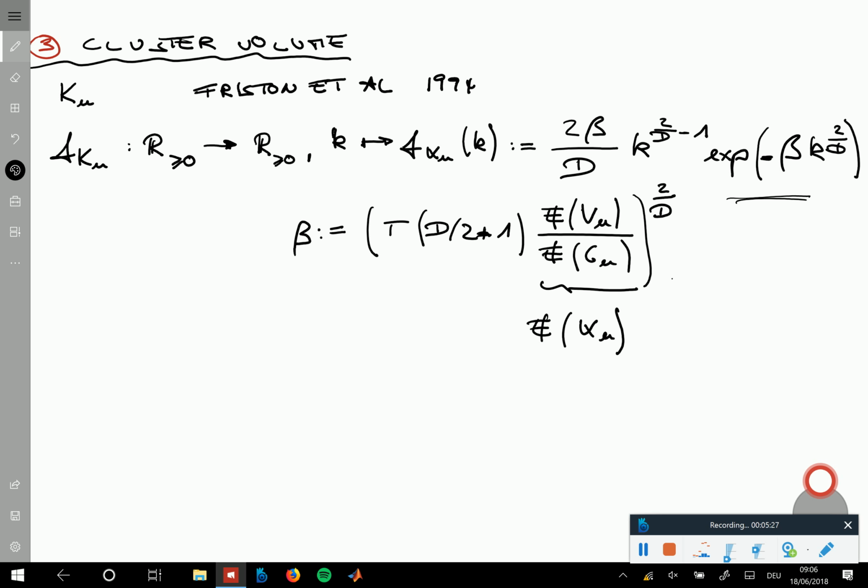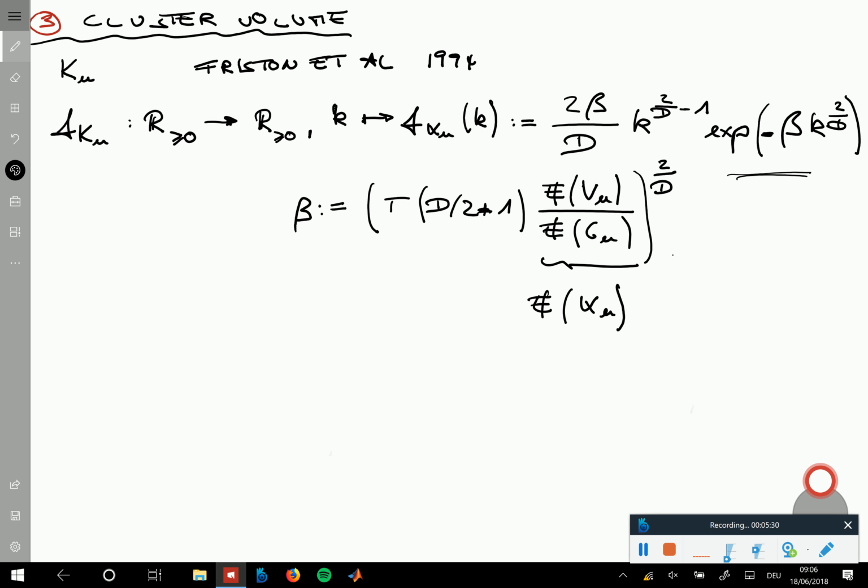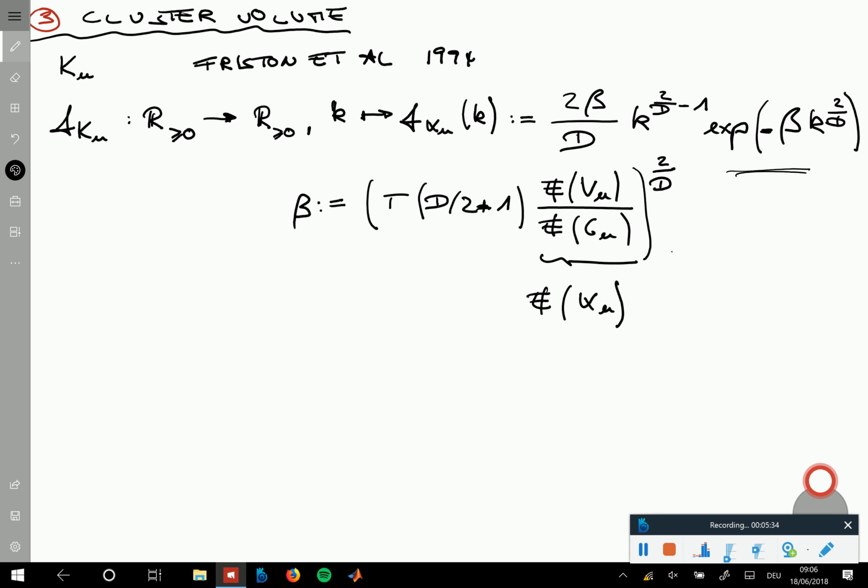So where this is coming from is that in, again, the Adler book, Adler 1981, they report on page 158, this is also cited in the Friston et al. paper, they report that K, so essentially the cluster volume, to the power of 2 divided by D, is distributed according to an exponential distribution with some parameter.